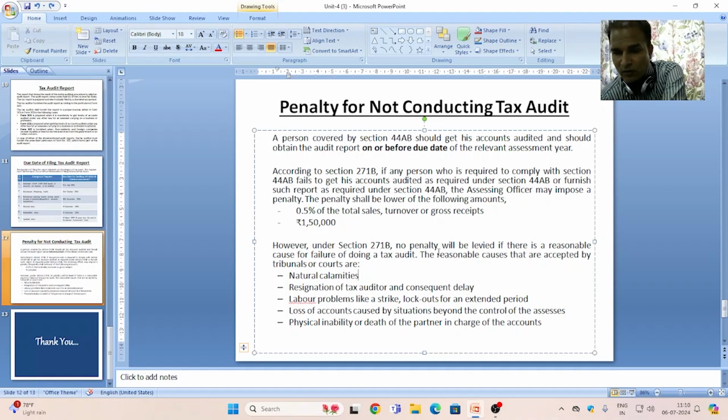Which amounts? First is 0.5% of the total sales, turnover or gross receipt, and the second amount is 1,50,000. Whichever is lower of both amounts will be imposed by the assessing officer as penalty.